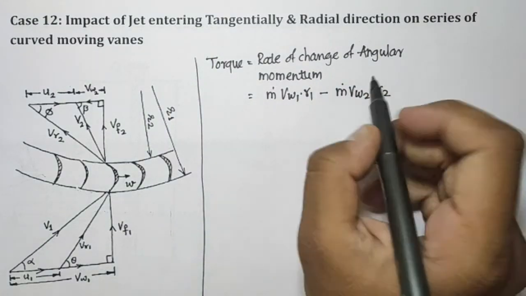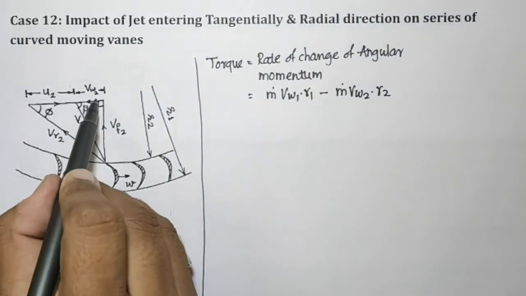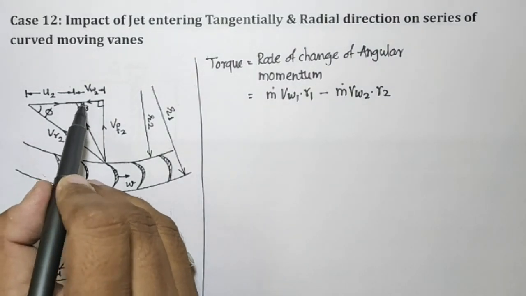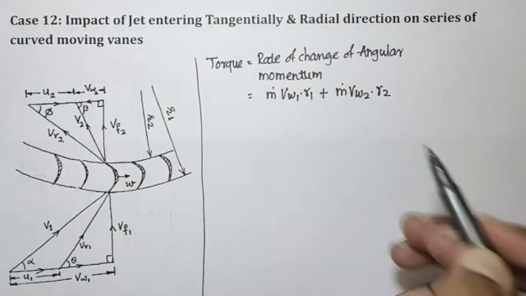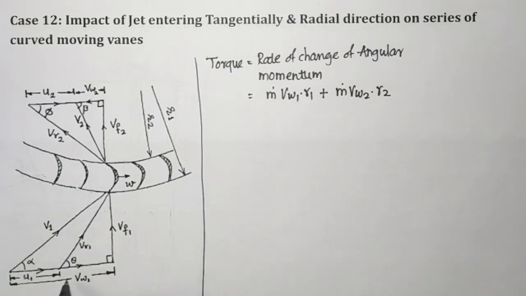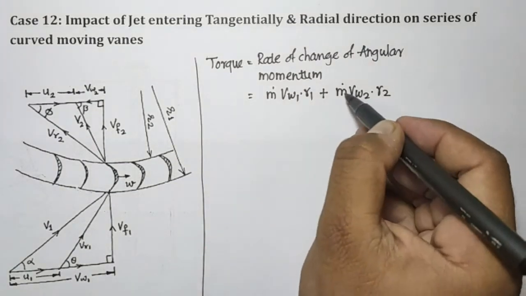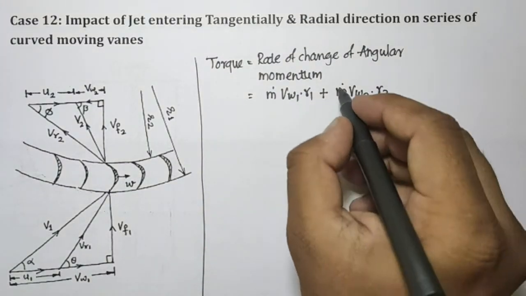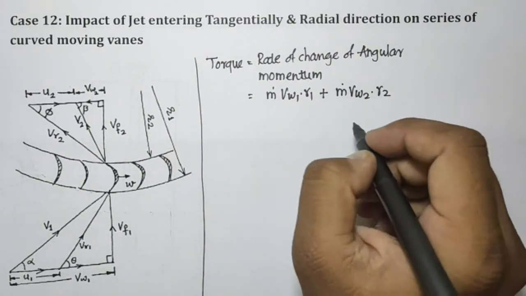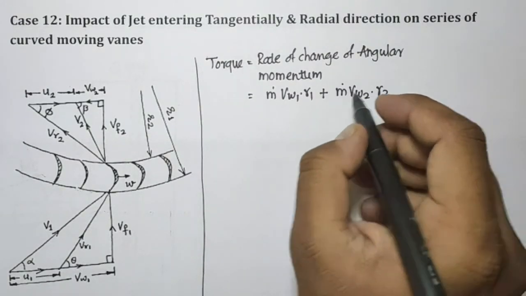Now in this case we know that Vw2 is in the opposite direction, that's why this minus minus will become plus. Here Vw1 is in the positive x direction, and this one is in the negative x direction, or we will see that particular thing in brief later on.